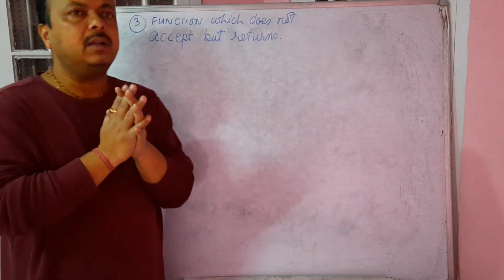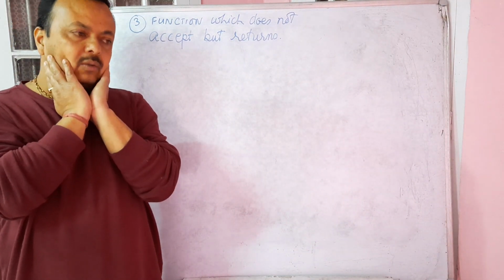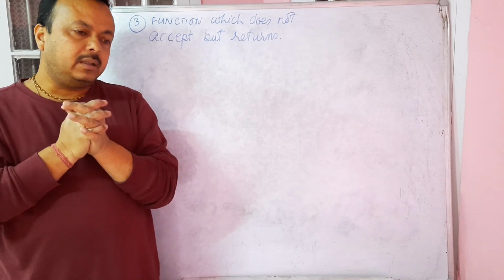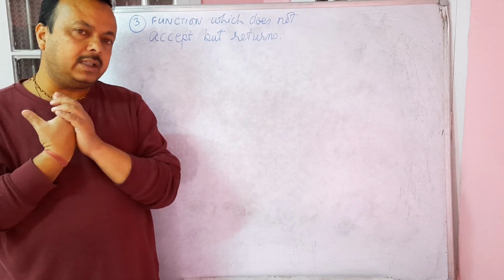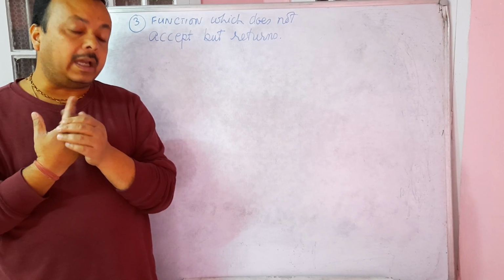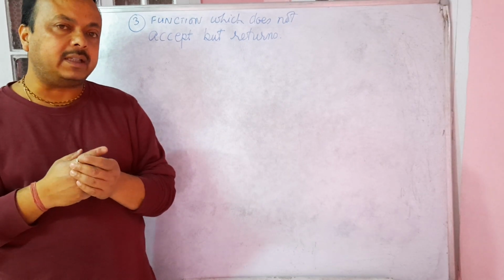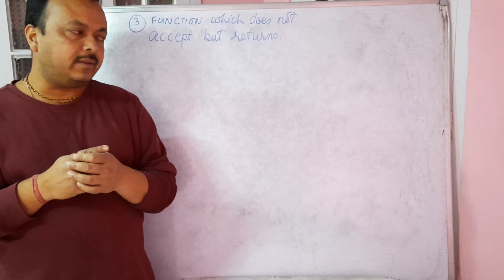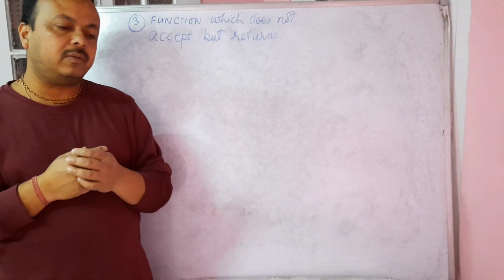I'll take a classic example: calculating the area of a circle. You know that the formula for the area of a circle is pi r square, and we also know the value for pi. It is 22/7, or we usually write 3.14.